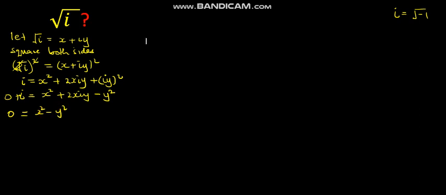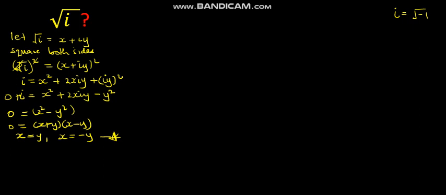After factorising, we shall have x plus y and x minus y. Therefore our x will be equal to y, and another x will be equal to negative y. Is that okay? Let us baptize it star.